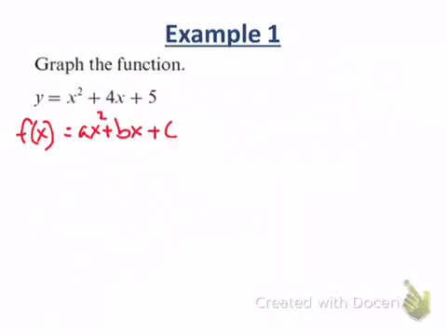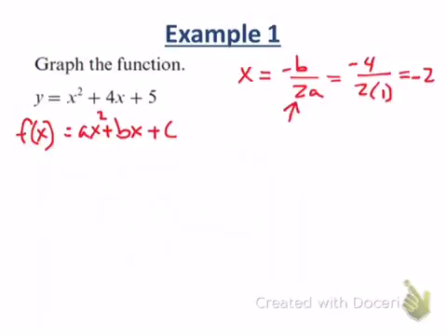Using the axis of symmetry formula, the axis of symmetry occurs at x equals negative b over 2a, which in this case is negative 4 over 2 times 1, which is negative 2. Where did you get the 2 times 1 from? The formula has a 2 in it, and my a value here is positive 1.